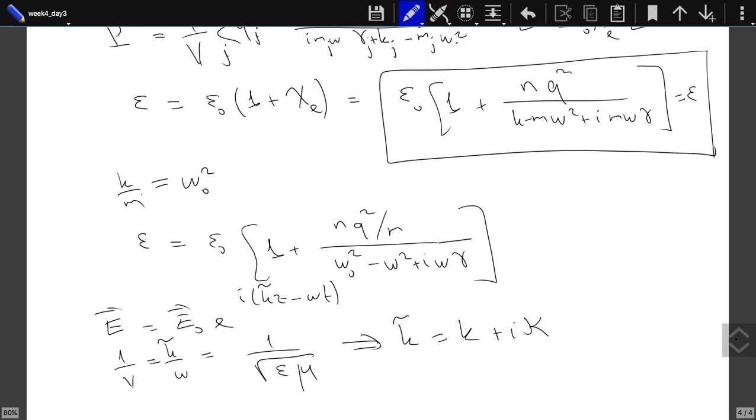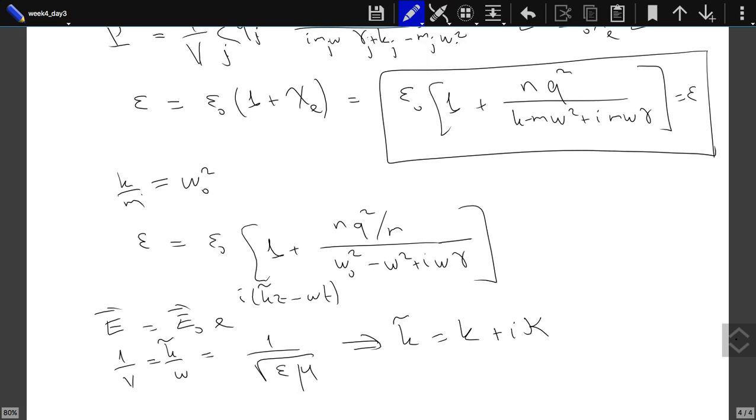Epsilon has an imaginary part if there is damping in the motion of the electrons. These are not necessarily conducting electrons. Nevertheless, although it's not a conductor, due to the polarization of the medium, the electrons can shift slightly around their equilibrium position. That motion around their equilibrium position is what causes this damping.